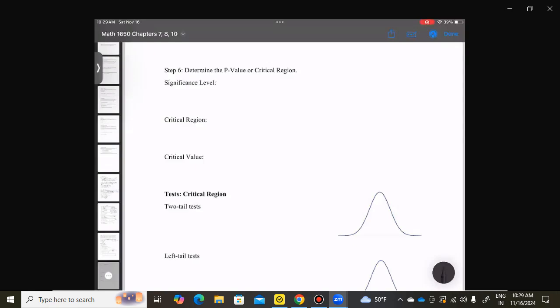First, significance level, that is denoted by alpha, 0.05. And this is the probability used to determine if the null hypothesis is rejected or not.